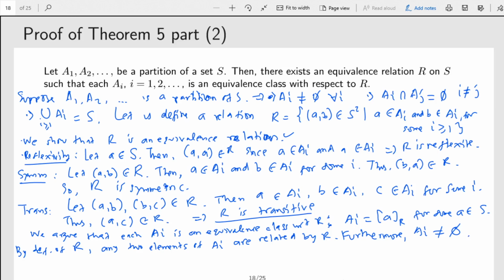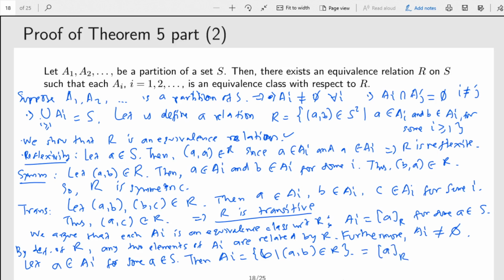So let A be an element of A_i, for some A element of S. Then A_i will be written as the set of B such that (A, B) is in R. Therefore, this is the same as the equivalence class of A with respect to R. So actually each A_i is an equivalence class with respect to R.